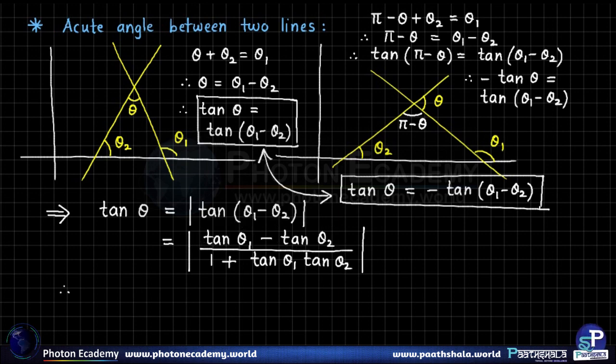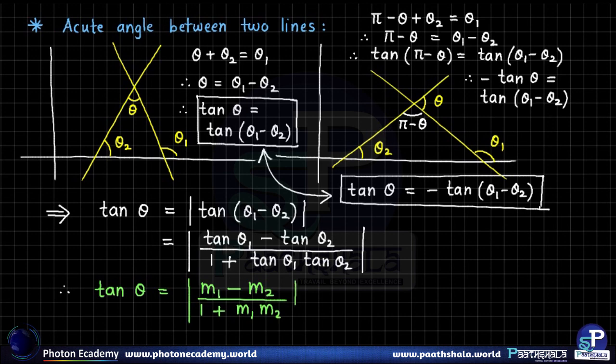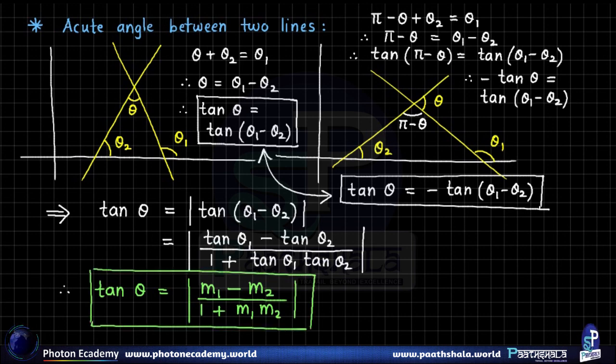So finally we get tan theta is equal to mod of m1 minus m2 divided by 1 plus m1 into m2. That's the formula for finding the acute angle between any two lines whose slopes are known to us. Once we know the inclinations, we know the slopes also, and vice versa.